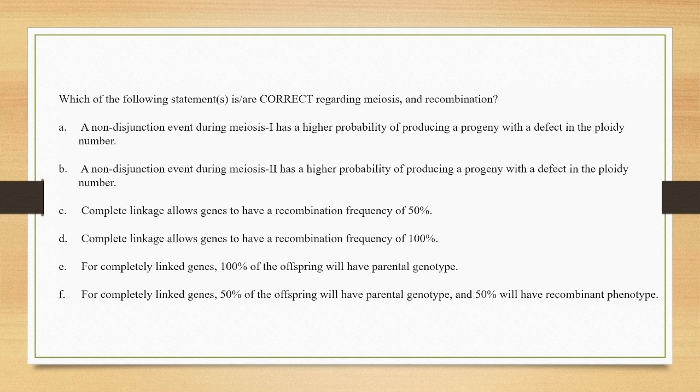Complete linkage allows genes to have a recombination frequency of 50%. Complete linkage allows genes to have a recombination frequency of 100%. For completely linked genes, 100% of the offsprings will have a parental genotype. For completely linked genes, 50% of the offsprings will have a parental genotype.